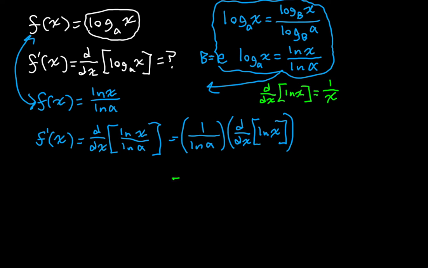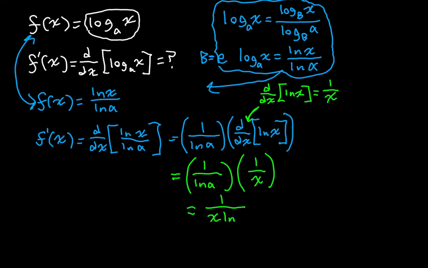But my point is, we can transform this thing into 1 over the natural log of a times the derivative with respect to x of natural log of x. It's just going to be 1 over x. So in the end, we just get 1 over x times the natural log of a.